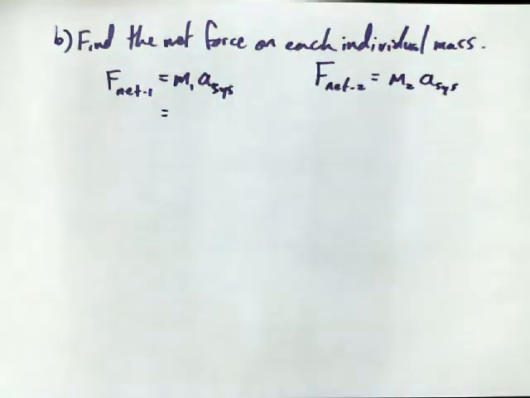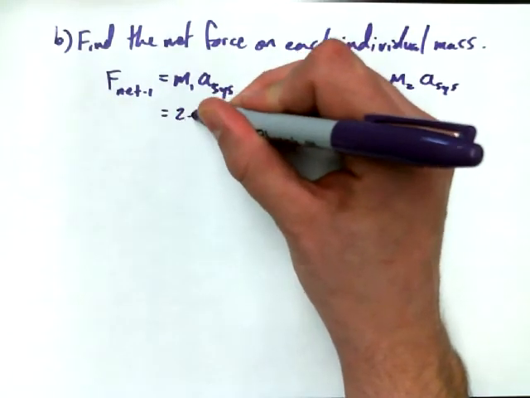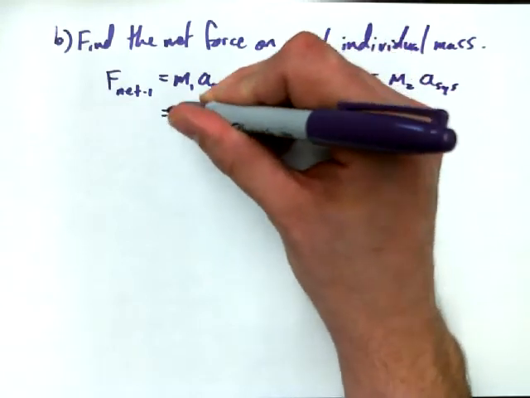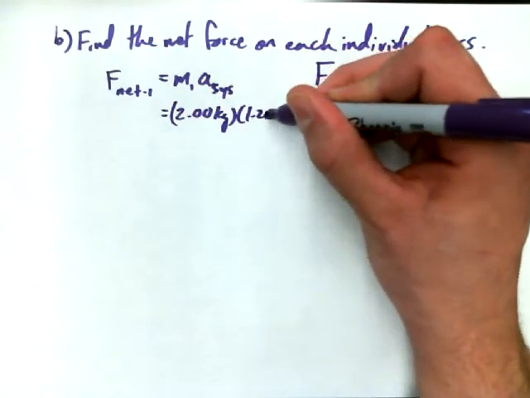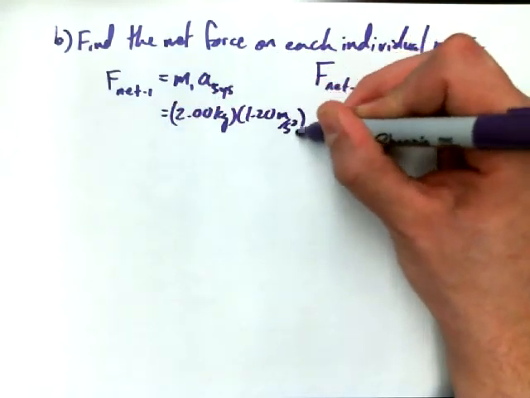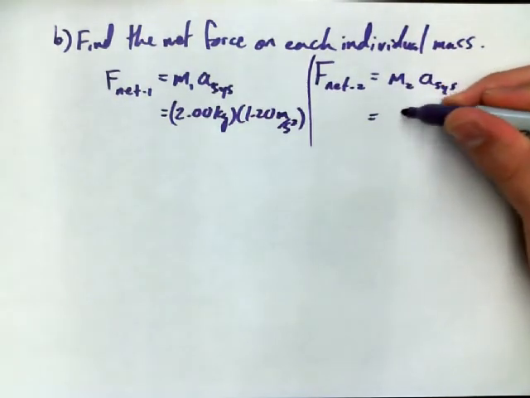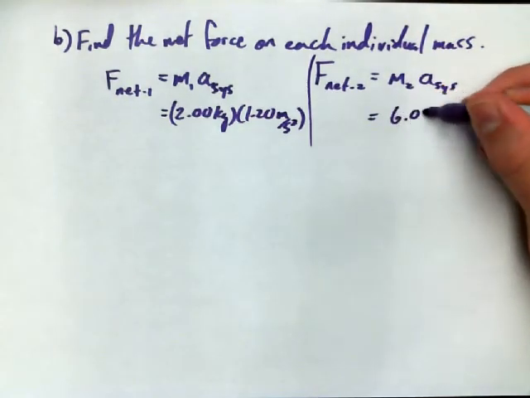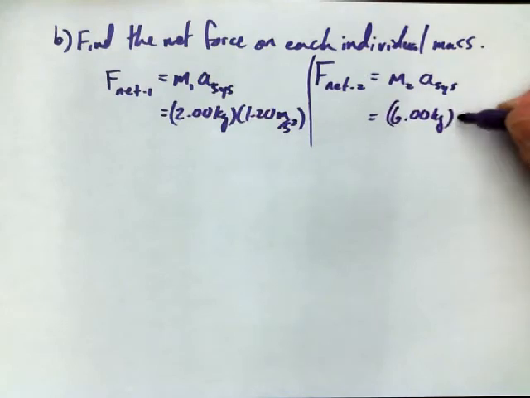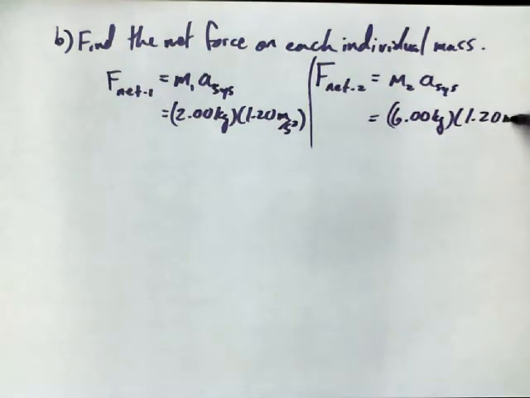And mass 1, we said, how many kilograms is mass 1? Again, 2 kilograms? Yes. So 2.00 kilos times 4.905 meters per second squared, and 6.00 kilos, again, times 4.905 meters per second squared.